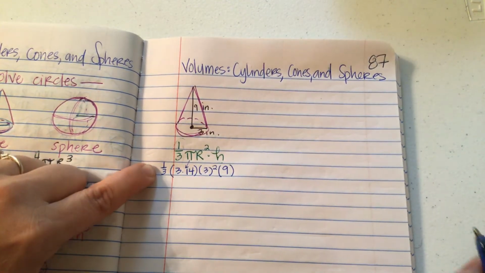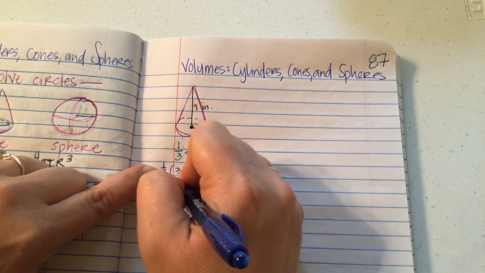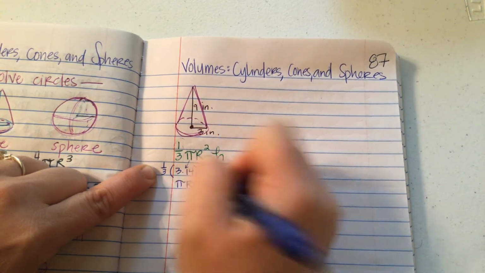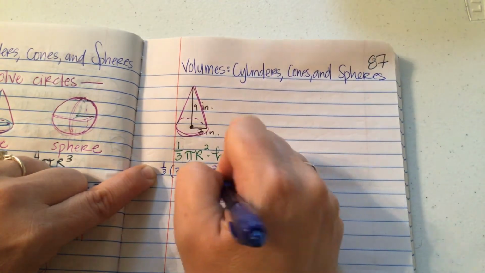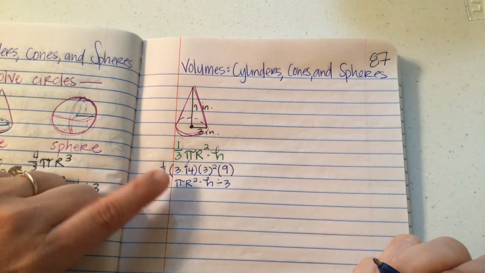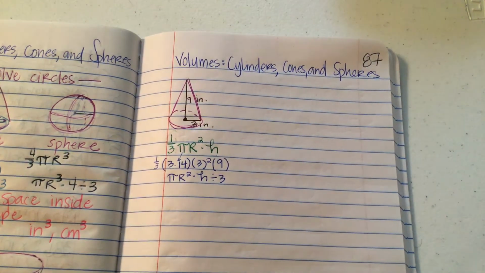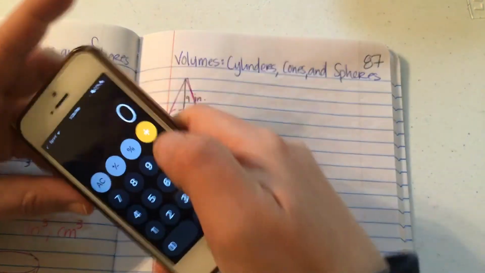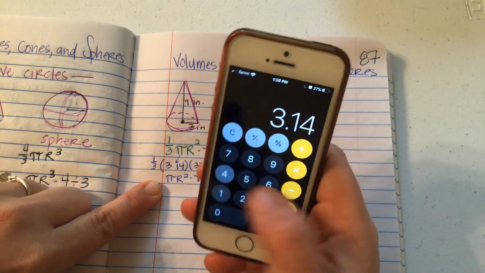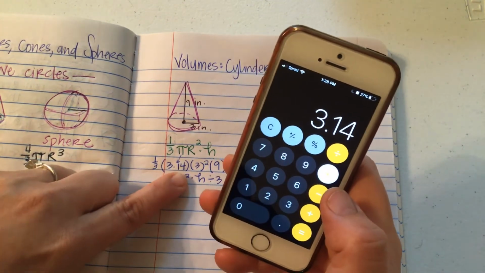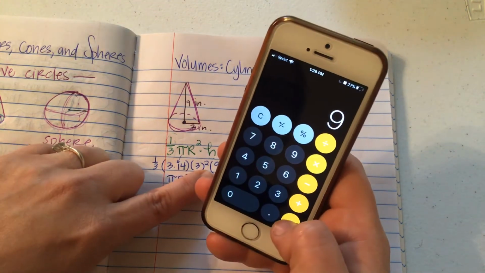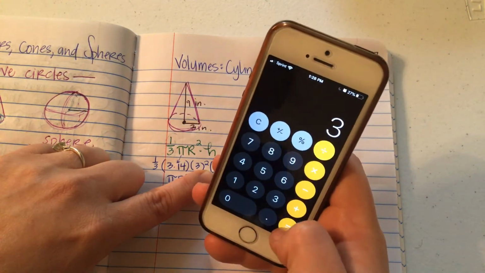If you do not have a fraction button on your calculator, you're going to do pi r squared times h divided by 3. So to do this problem, I will do 3.14 times my radius, 3 squared, times the height divided by 3.